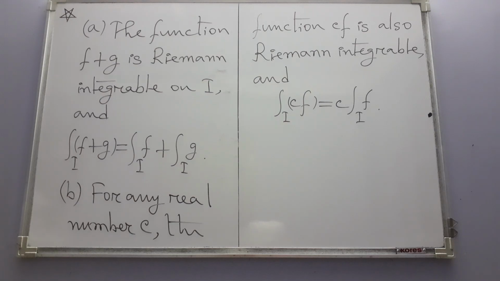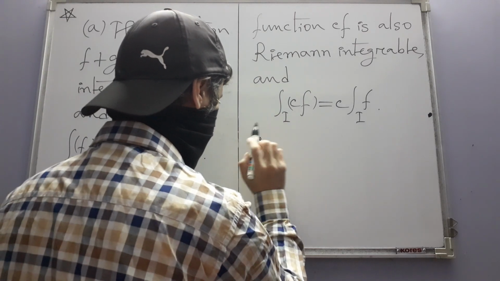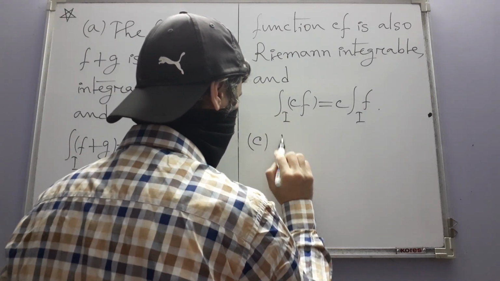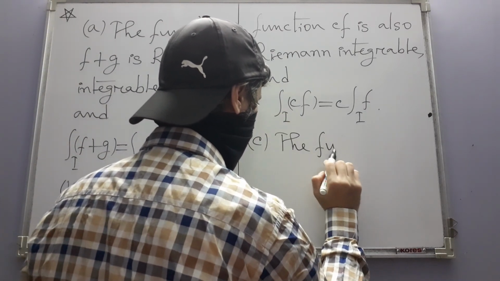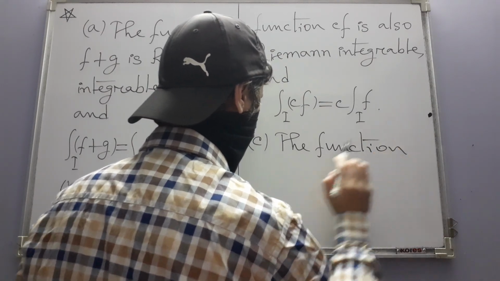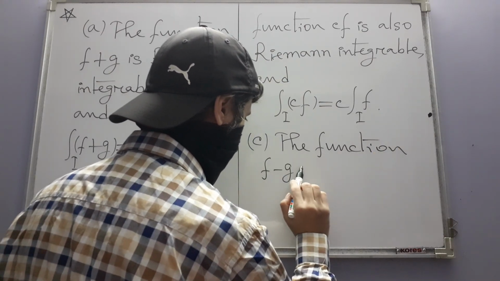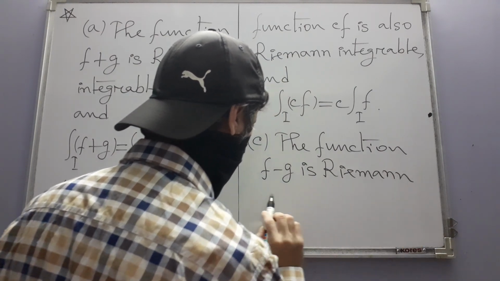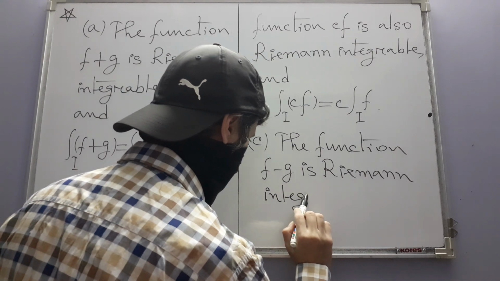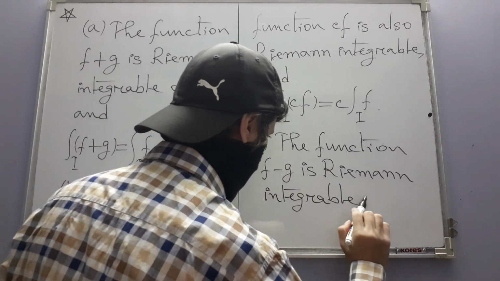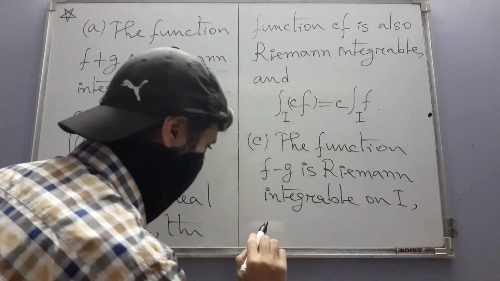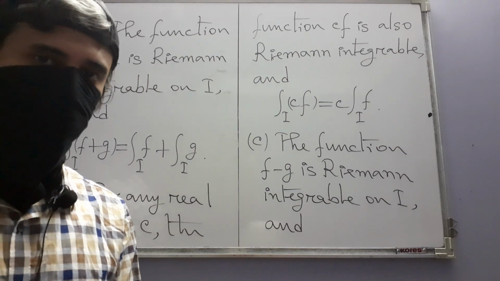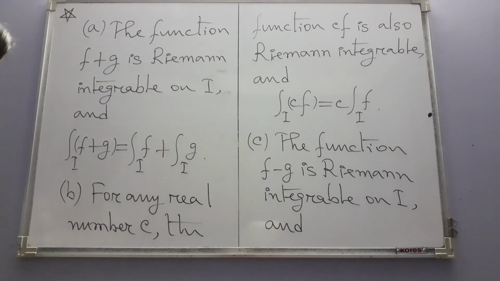Combining these two rules, we have next the difference of f and g. The function f minus g is Riemann integrable on I, and its integral is the corresponding difference of the integrals of f and g.